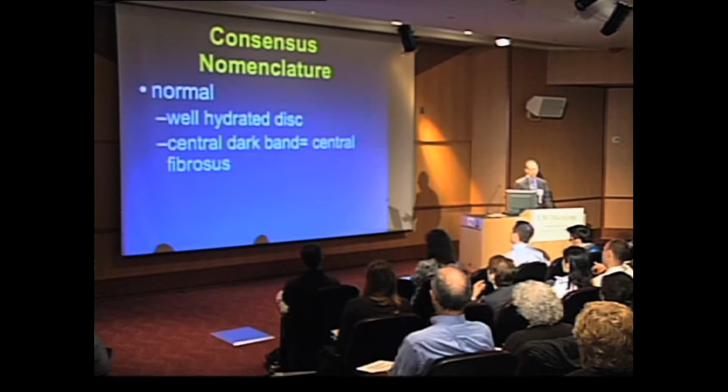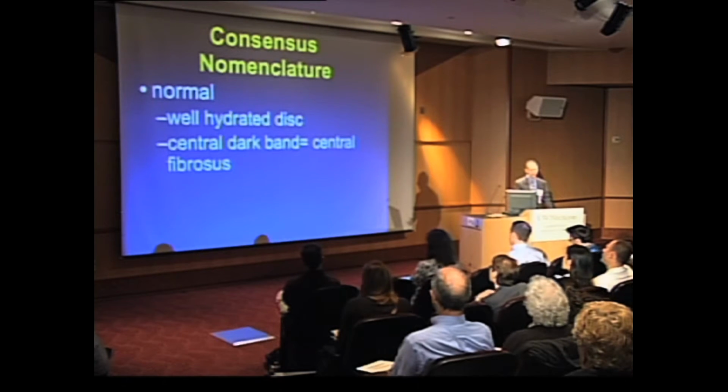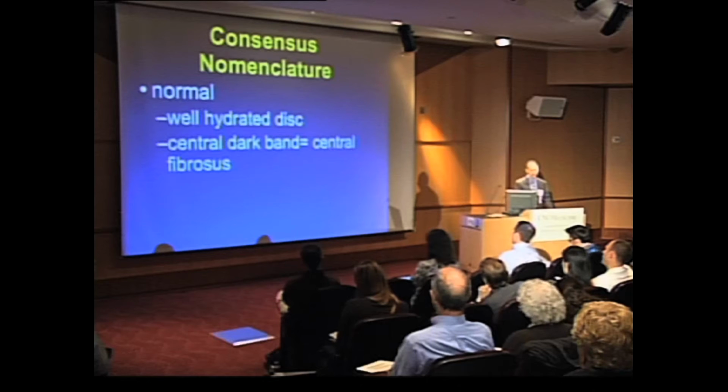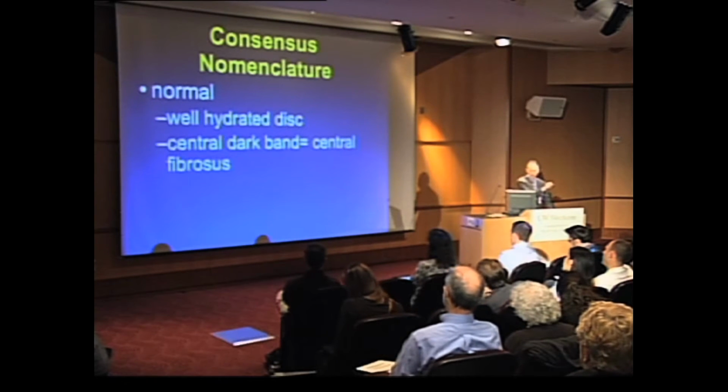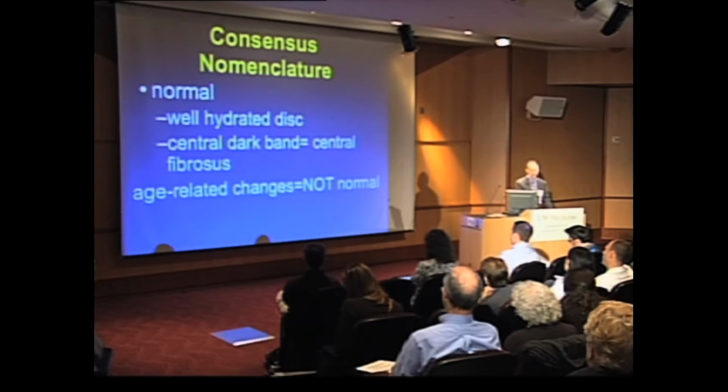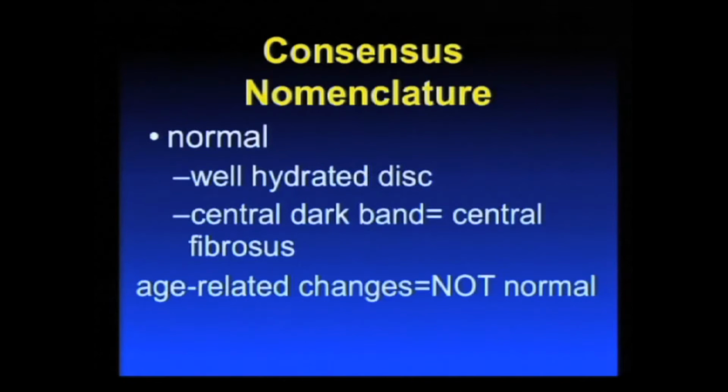So normal disc. Normal disc is well hydrated. It may or may not have this central dark band, which has also been termed a central band of fibrosis, which on the MR, and I'll show an example of it shortly, is probably just a higher concentration of these central proteoglycans.